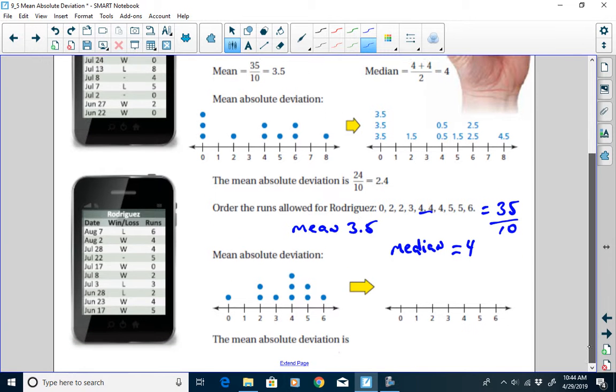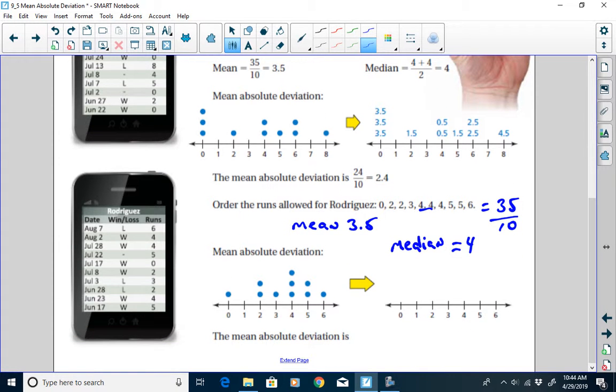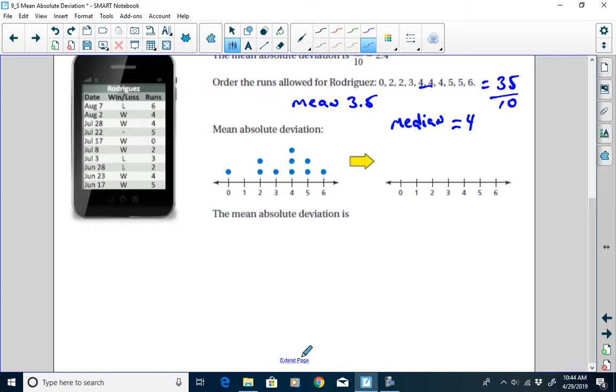But let's take a look at what happens if we use a measure of variability. Let's take a look at our mean absolute deviation. I want to see how far each one of these varies from the mean.